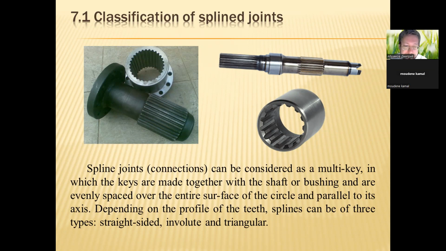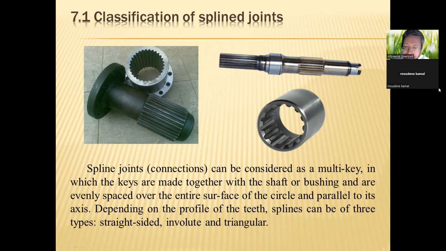Spline joints or connections can be considered as multi-key joints in which the keys are made together with the shaft or bushing and are evenly spaced over the entire surface of the circle and parallel to its axis.